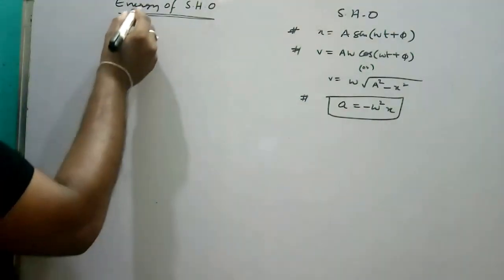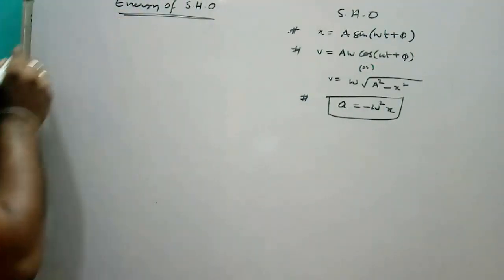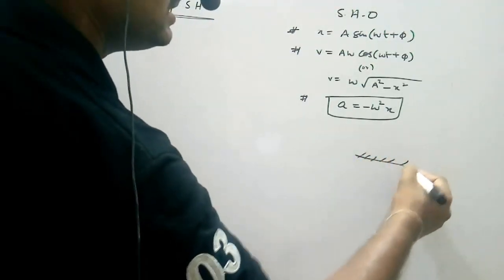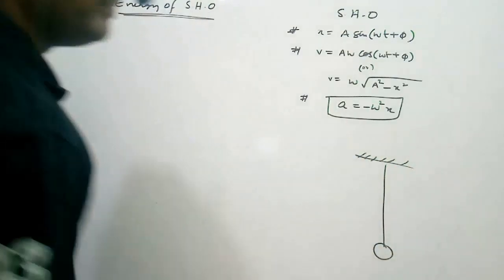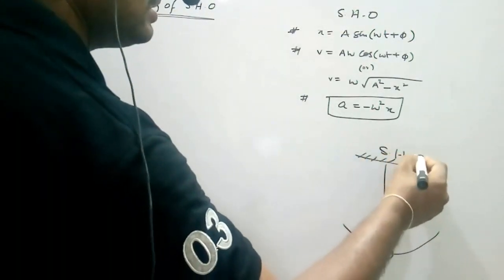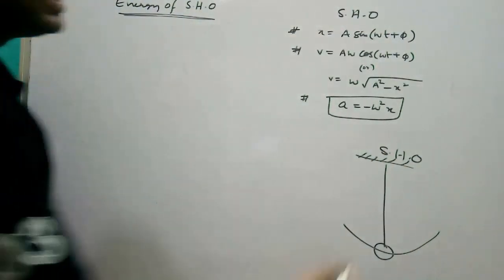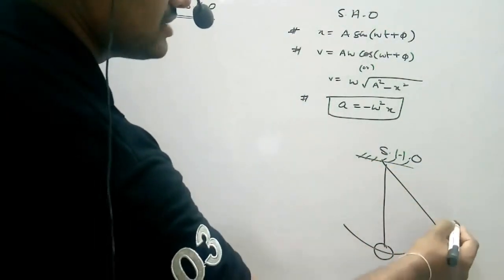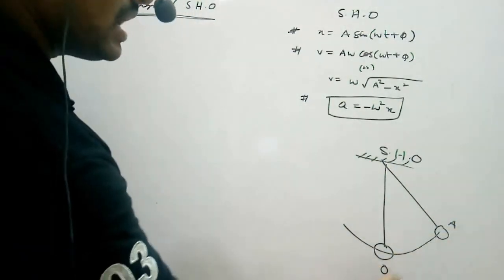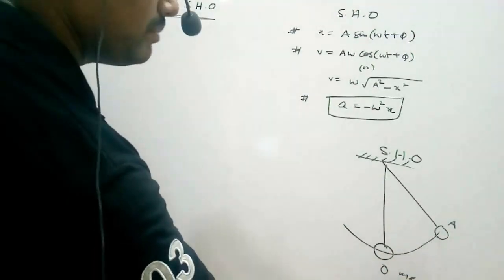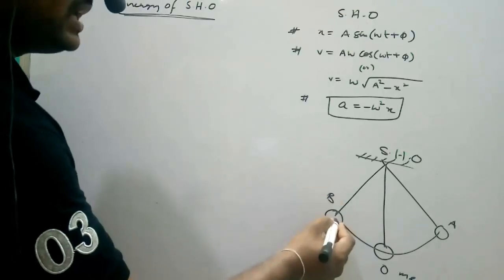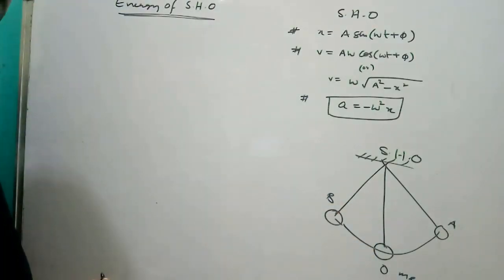To find the total energy of a simple harmonic oscillator, we consider a simple pendulum as an example. This is the extreme position, O is the mean position, and B is also an extreme position of the oscillator.